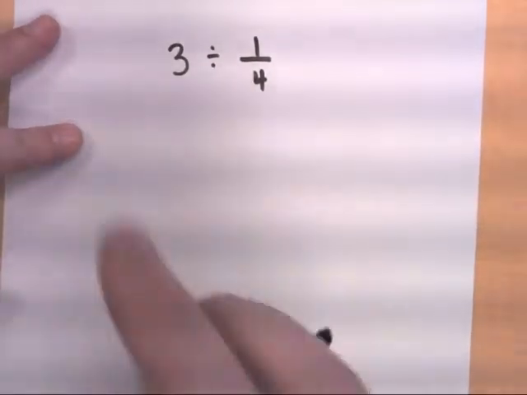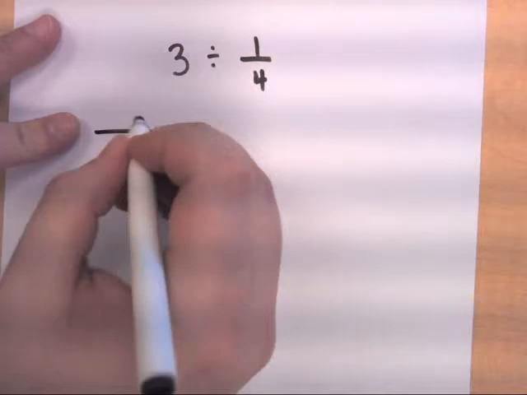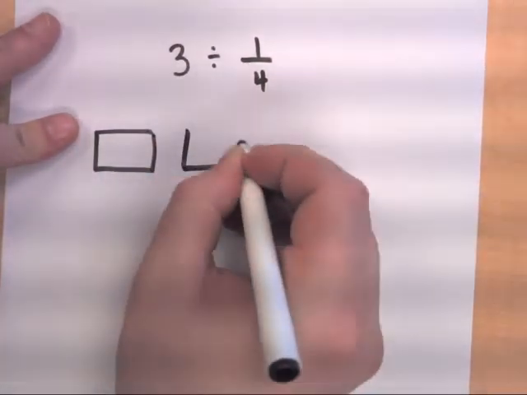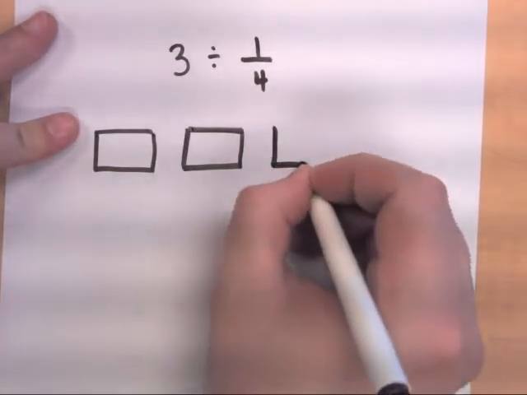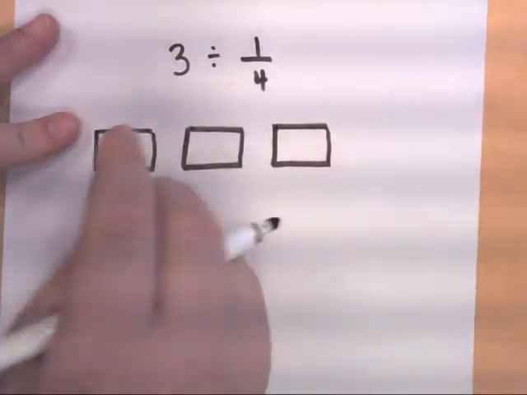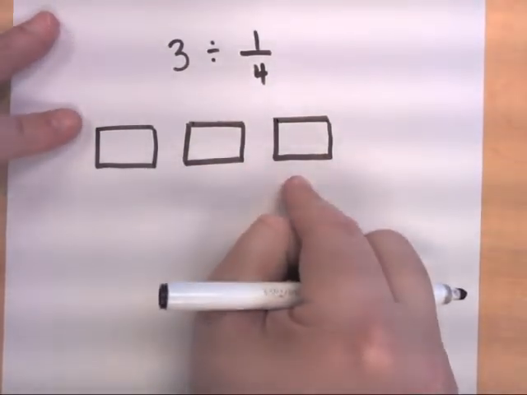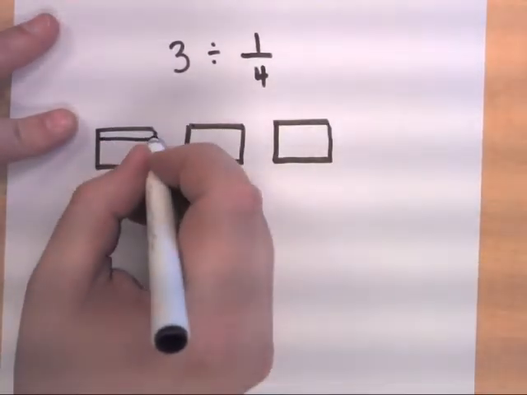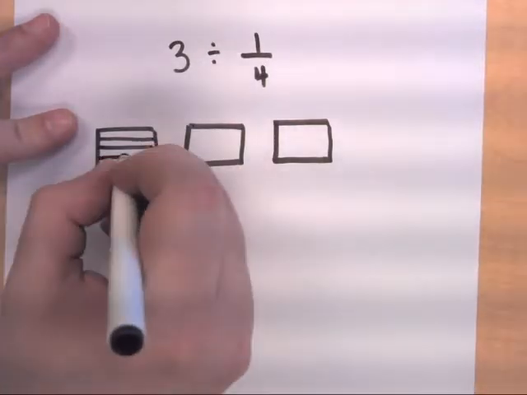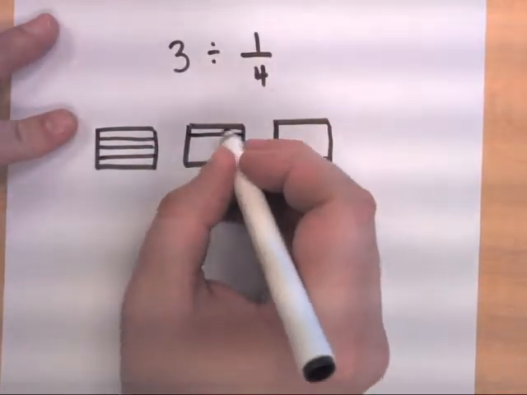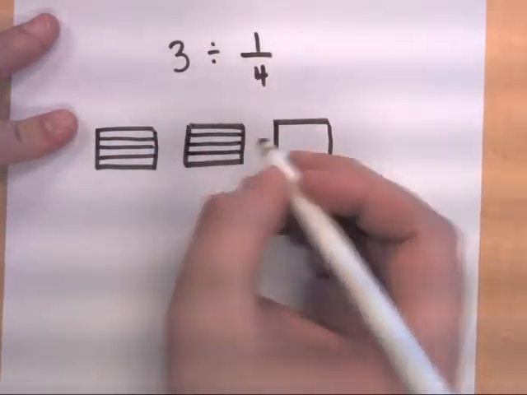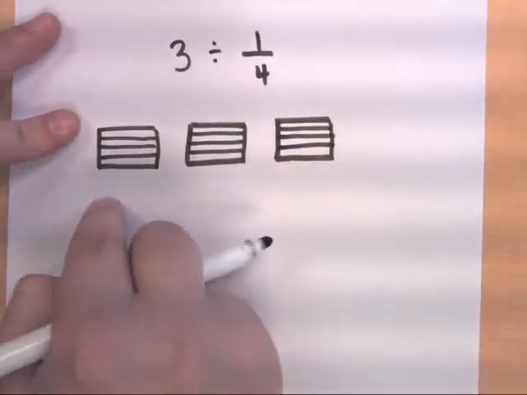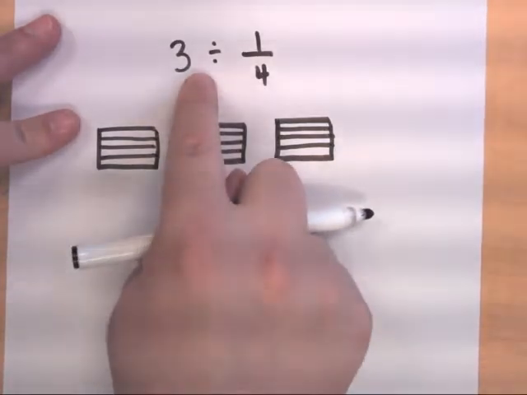So for instance, if I have 3 wholes, I can represent those 3 wholes by drawing 3 rectangles, each rectangle representing one whole. And then I can divide each of my rectangles into fourths, and then see how many fourths make up 3 wholes.